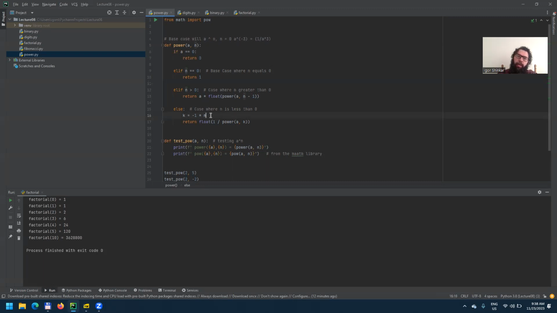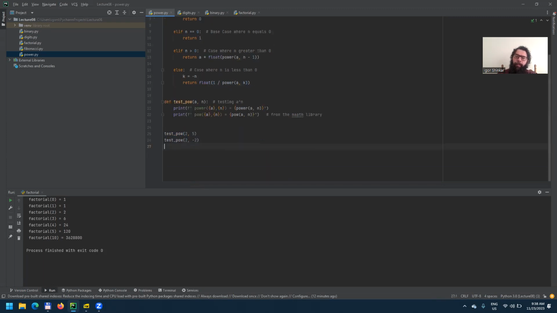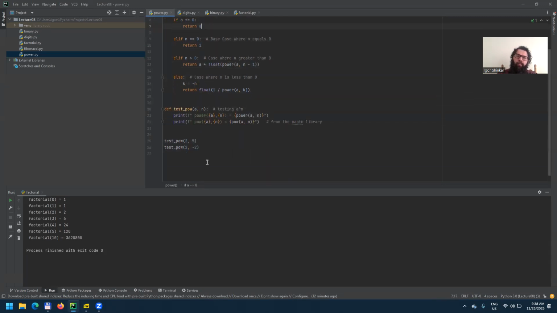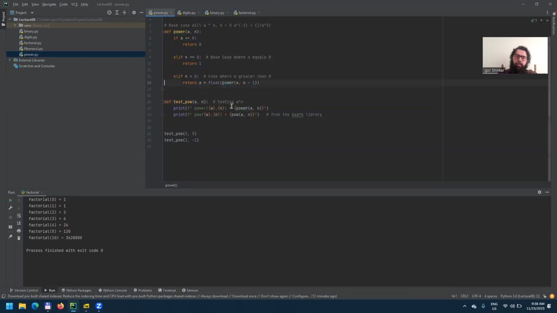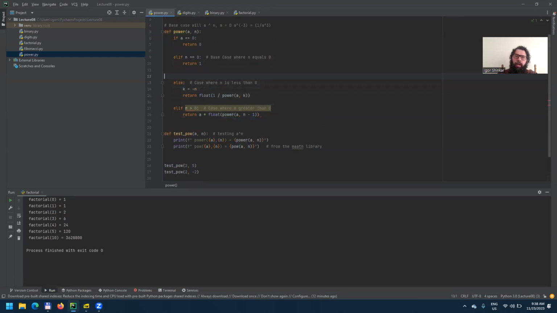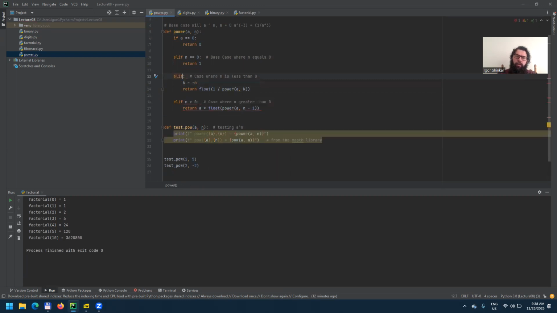It's 1 divided by a cubed. So we define k to be just negative n. And what we return is 1 divided by, so we compute a to the power k, and then we do 1 divided by this number. But maybe I would like to put it here, actually.